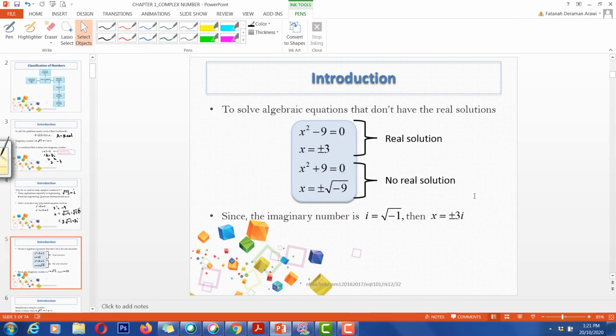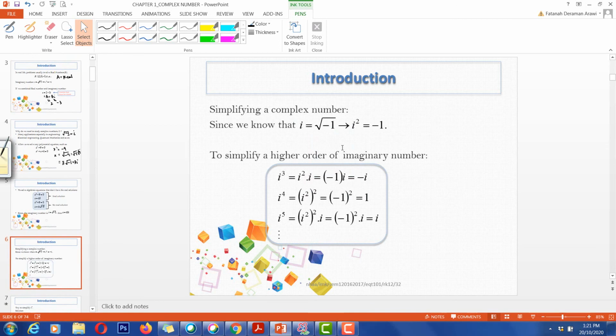This shows that if we have the square root of negative 9, we have no real solution. So in your mind, you need to learn and remember: i is the square root of negative 1.